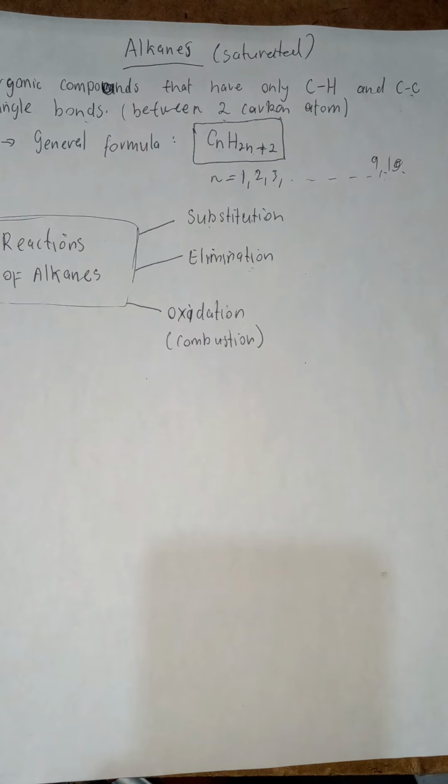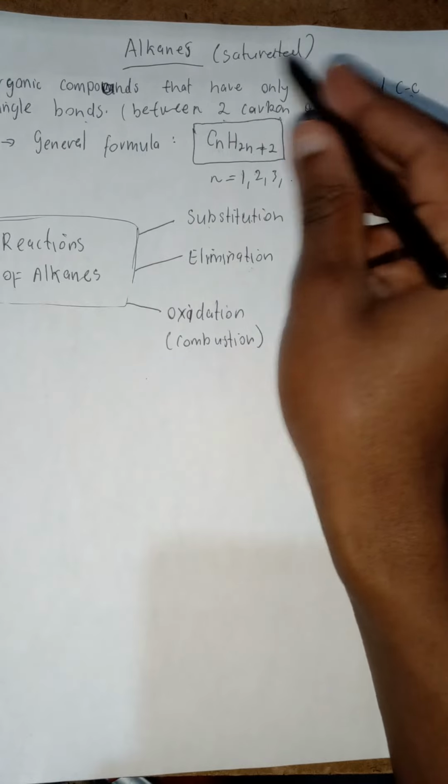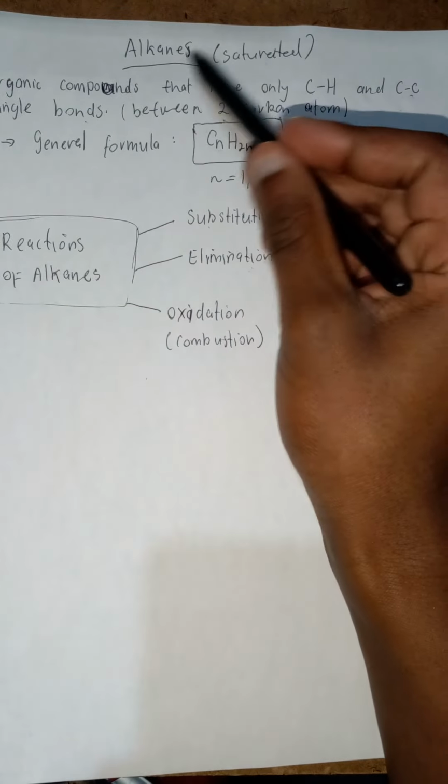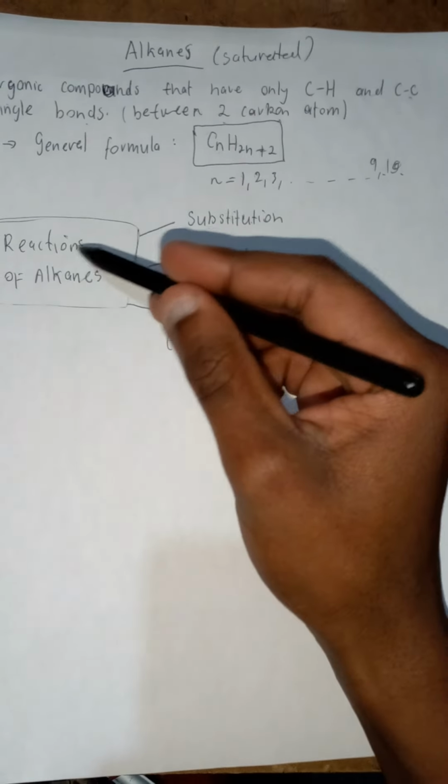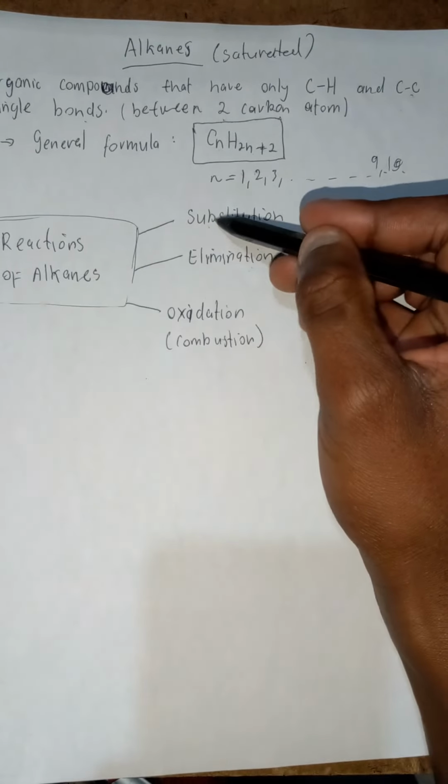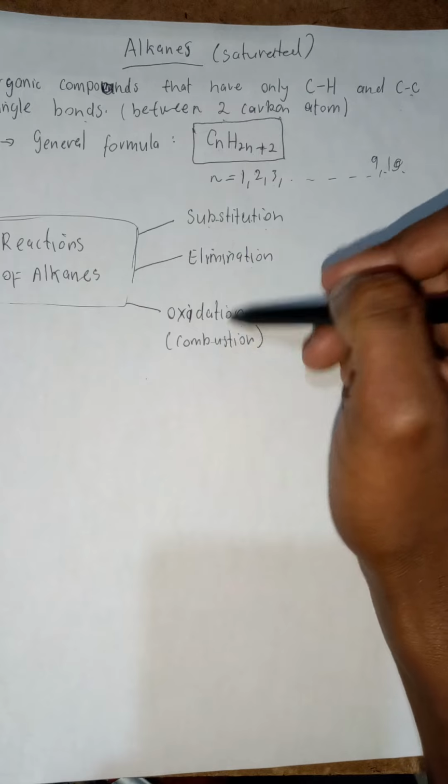Between the two carbon atoms there's always a single bond. There is always the maximum number of bonds between any atoms, and here it's only single bonds. So that's why they are said to be saturated. So alkanes are saturated.